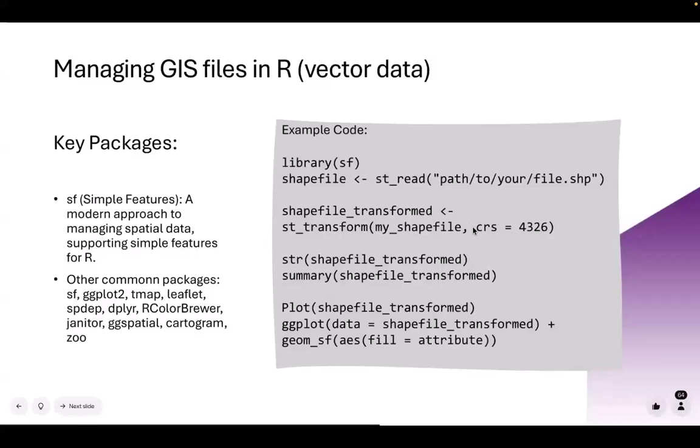When working with spatial data, you have to make sure that you have the correct coordinate reference system in place in order to make accurate maps. And then this last bit of code is a very quick example of how you might plot a map, which typically uses ggplot and the geom_sf function.